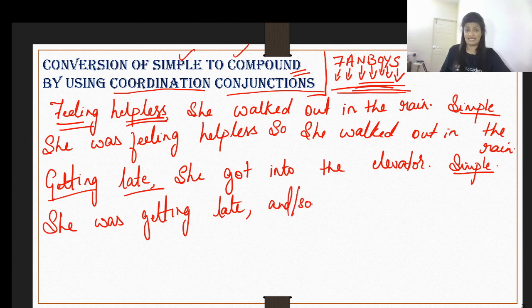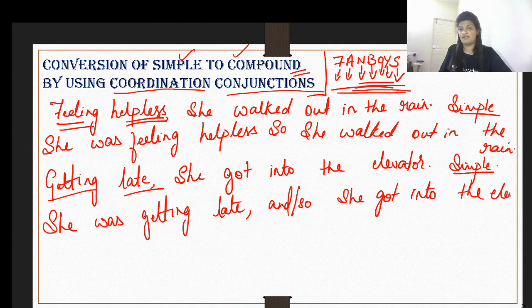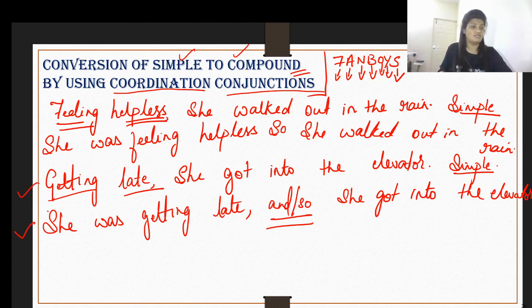She was getting late and she got into the elevator, or you can also say she was getting late, so she got into the elevator. So there you have your coordinating conjunctions, and you have successfully converted a simple statement into a compound statement.